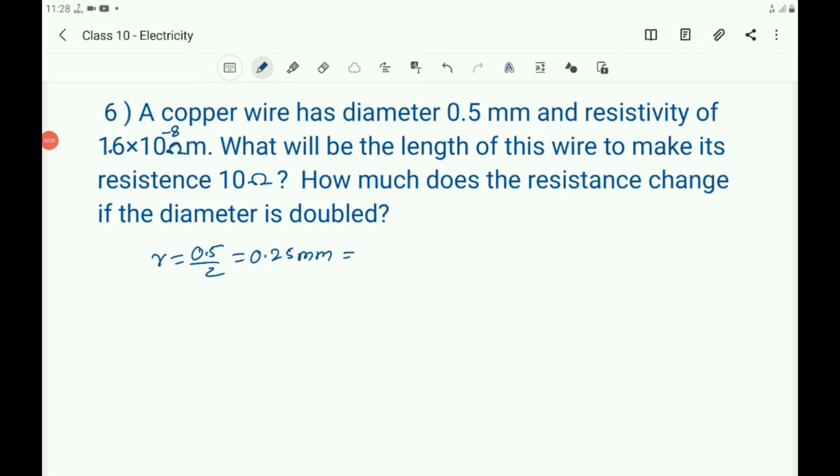Convert this into centimeter. You know that 10 millimeter equals 1 centimeter. So you divide it by 10. 0.25 by 10 centimeter. Then you will get 0.25 divided by 10 becomes 0.025 cm. That is the radius. Then the resistivity.